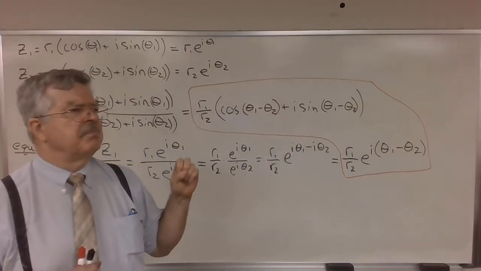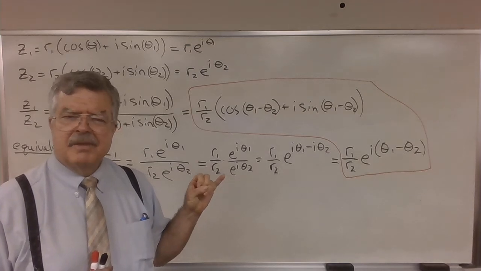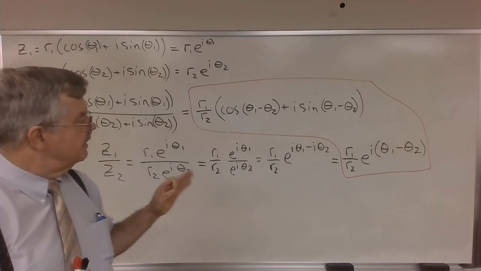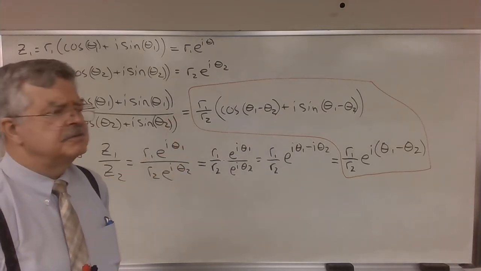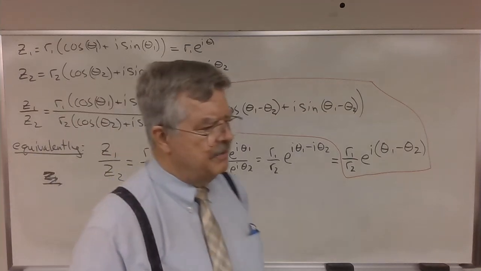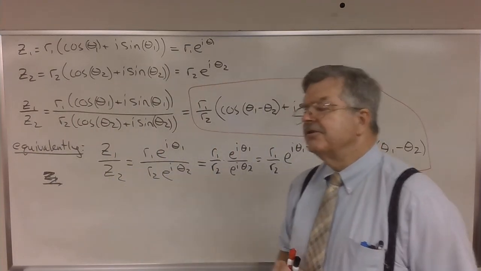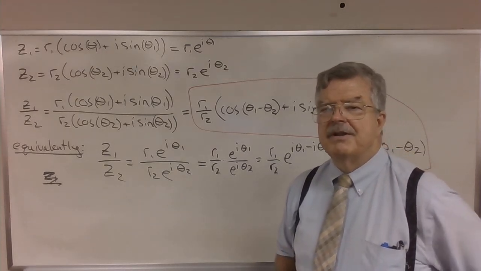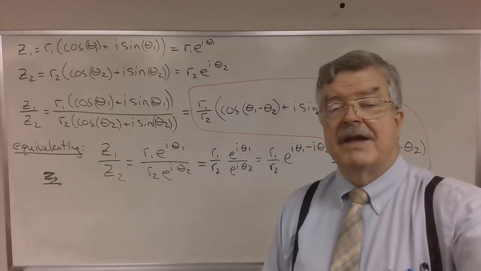So in exponentiation, multiplication, and division, things work analogously in both forms. Now there's one thing that we haven't addressed yet, and it's a logical consequence of what we've already done. And we'll look at that in just a second.